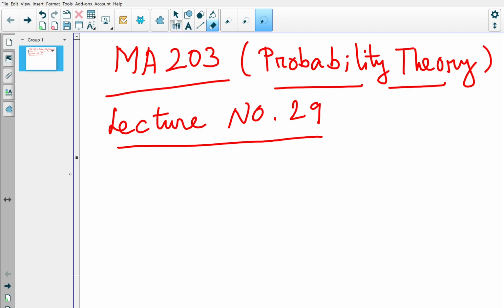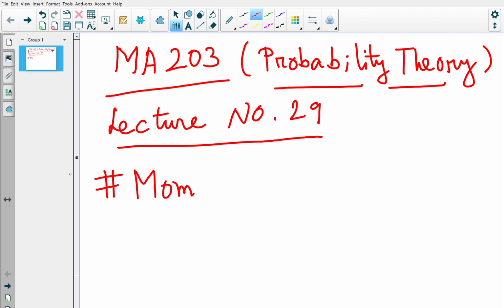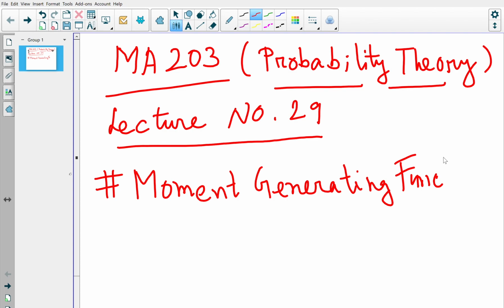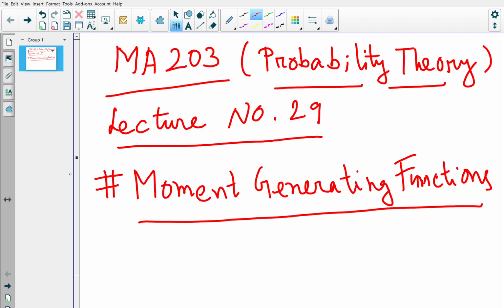In today's lecture we will learn something called moment generating function. I will define what we mean by generating function, and we already learned about moments.